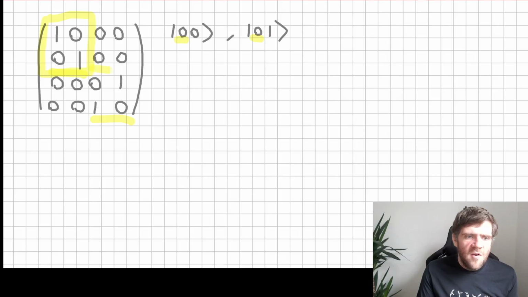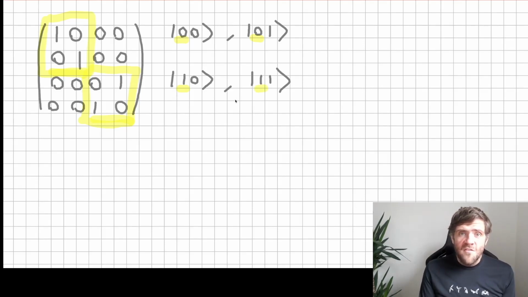For the other block, it is relevant to states spanned by the other 2 states, 1, 0 and 1, 1. So it's relevant for the states where we have a 1.